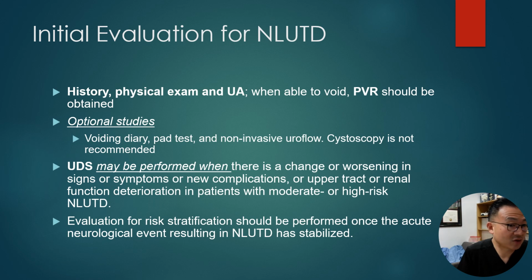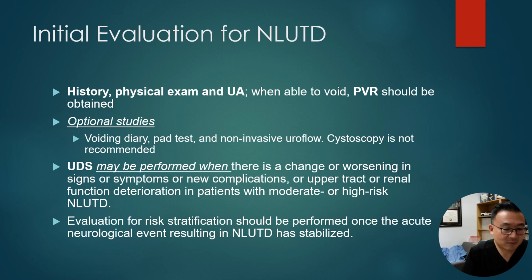Evaluation for risk stratification should be performed once the acute neurological event resulting in the condition is stabilized. I think the classic example would be spinal cord injury. We know that for a period after injury, patients develop something called spinal shock, which is a flaccid paralysis with absent bladder and bowel function, which eventually may transition into hyperreflexia and the typical voiding patterns we've seen in patients with spinal cord injury, including detrusor overactivity or possibly detrusor sphincter dyssynergia.